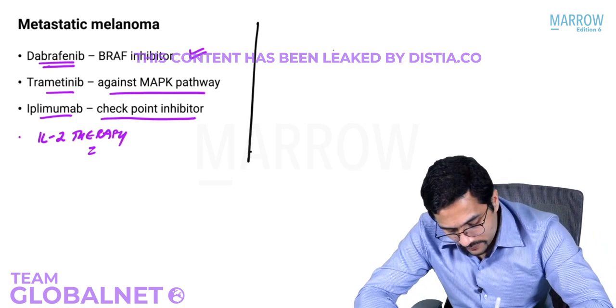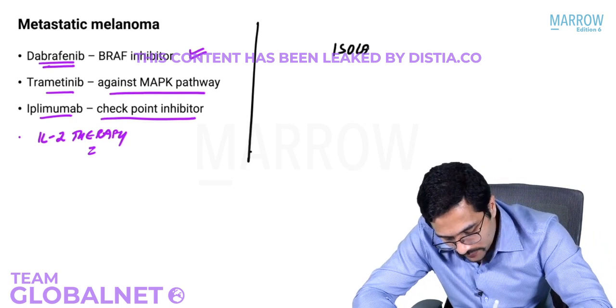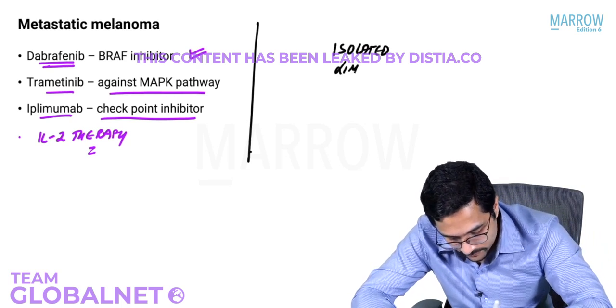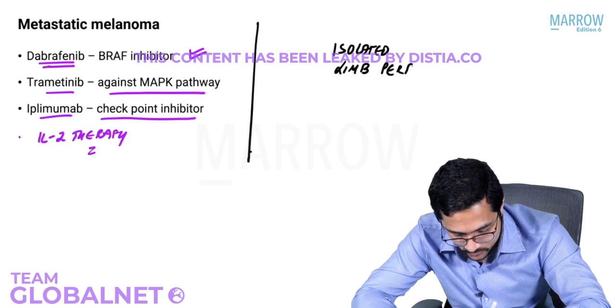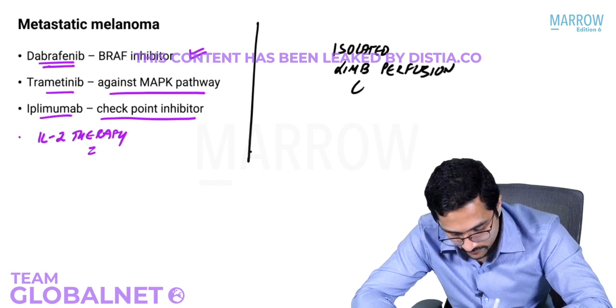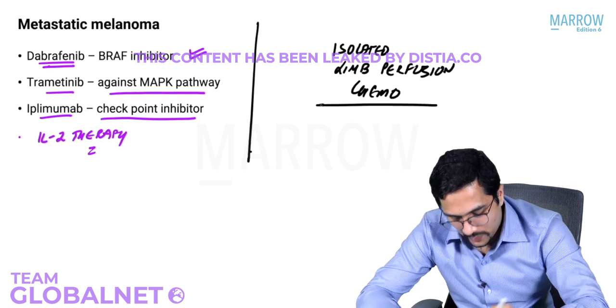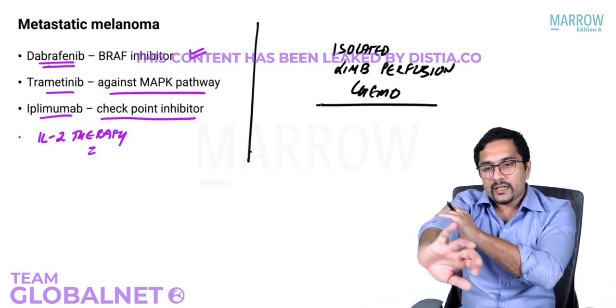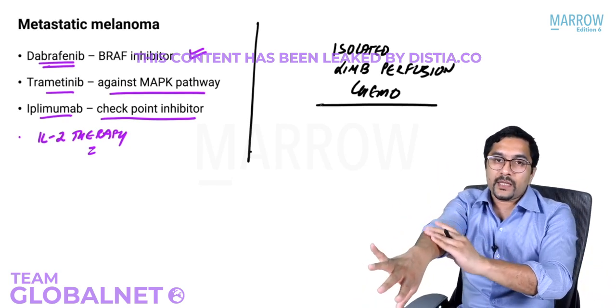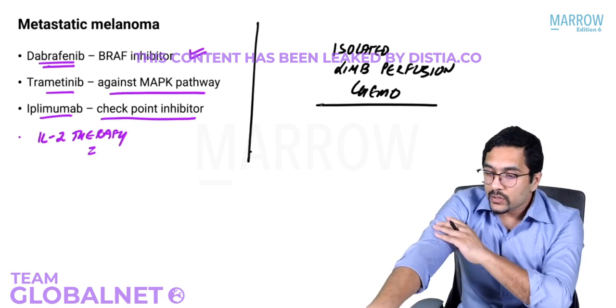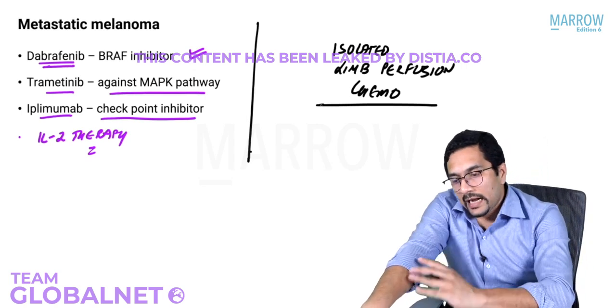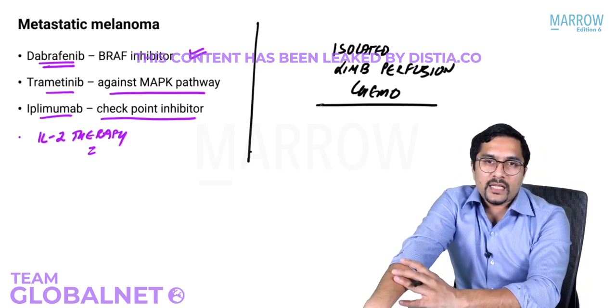So one more thing which I want you to know is regarding isolated limb perfusion chemo. So in this technique, what is done is that the limb is isolated and a high dose of chemotherapy is given in that limb only. So we tie a tourniquet and we only give chemotherapy in that limb.